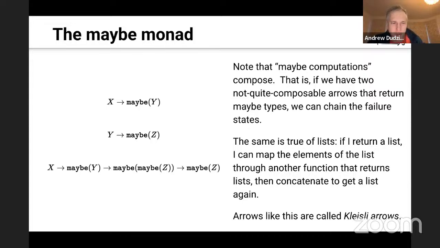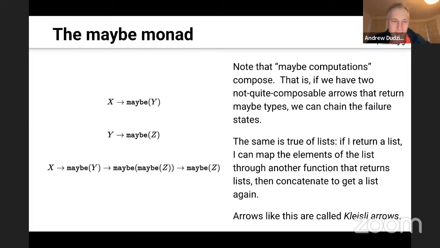We do the first map, and then the second one gives us a map not from y into maybe z, but also from maybe y into maybe z. But then maybe z can be mapped, as we said, to a maybe z. So we can chain through this structure map for maybe to compose computations like this.